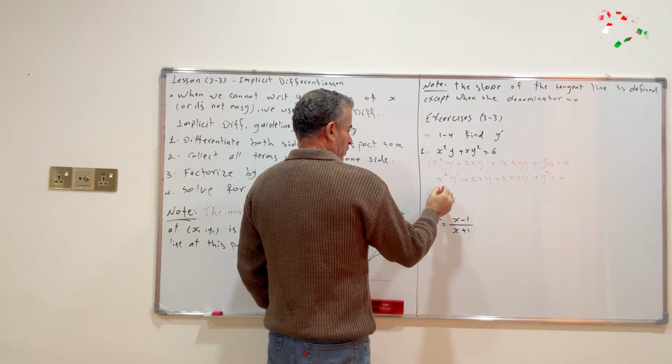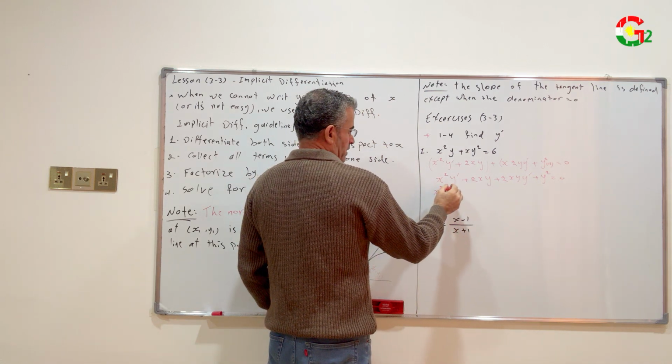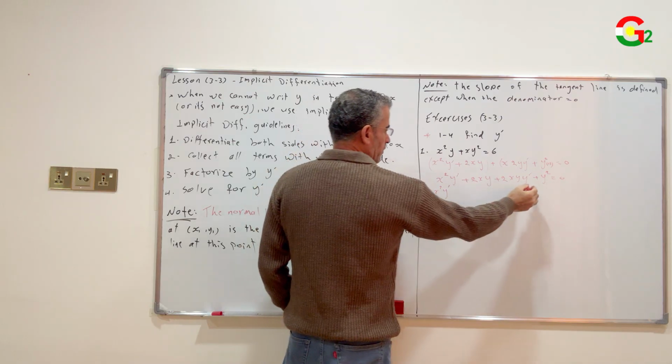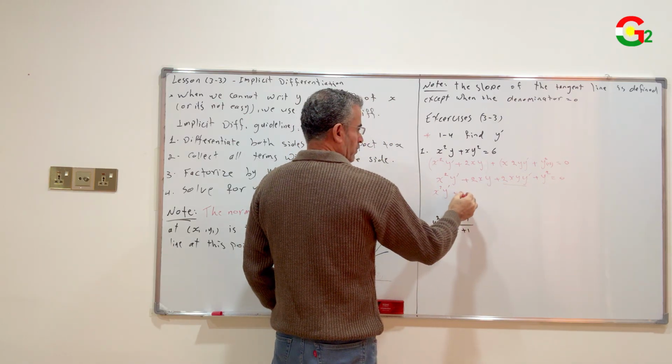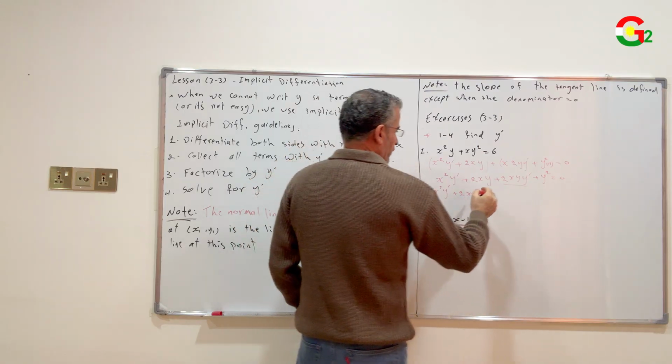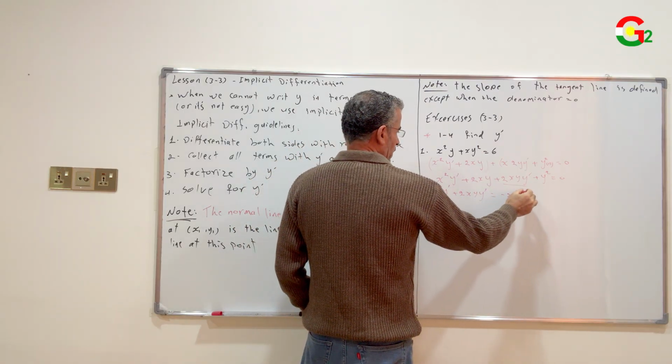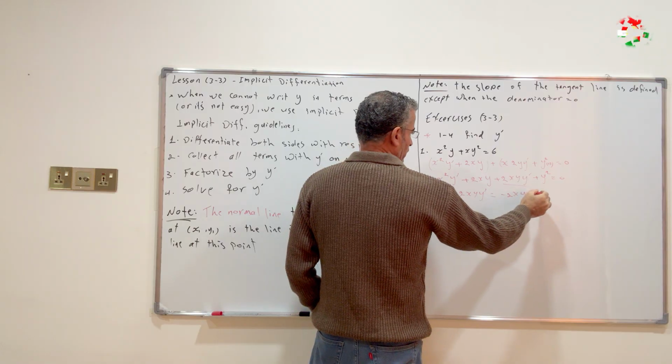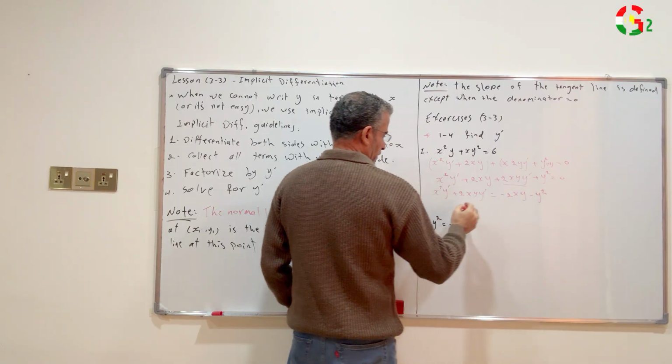Set the terms with y prime on one side: x power 2 y prime plus 2xy y prime equal to negative 2xy minus y squared.